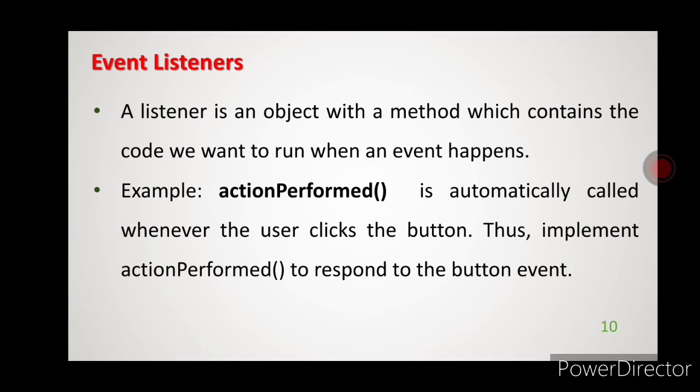Next is event listeners. What exactly is a listener? It is an object with a method which contains the code we want to run when an event happens. For example, a button is an event source. After clicking on a button, an event is generated, and this event should be listened to by the event listener, which happens when the event source is registered with the event listener.